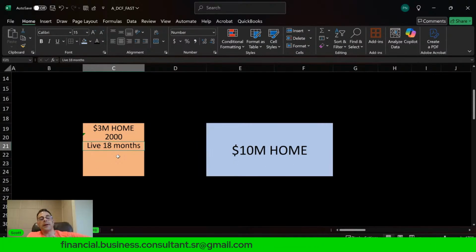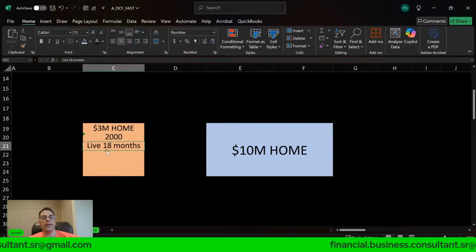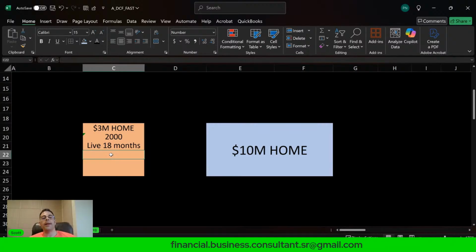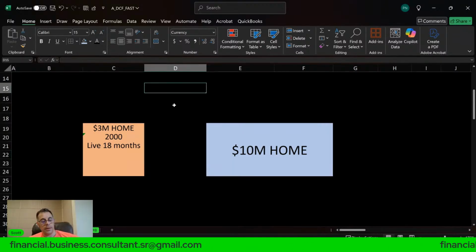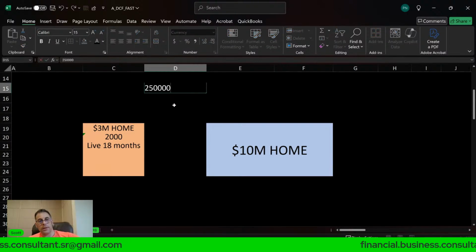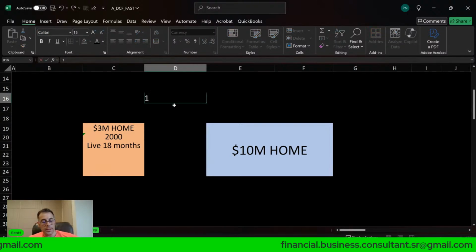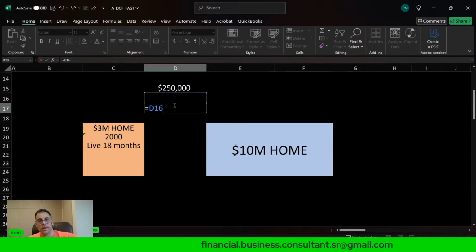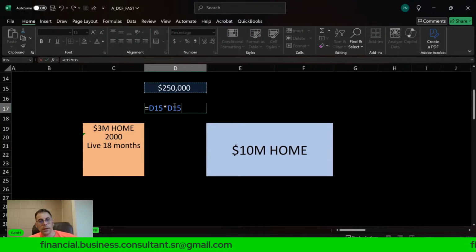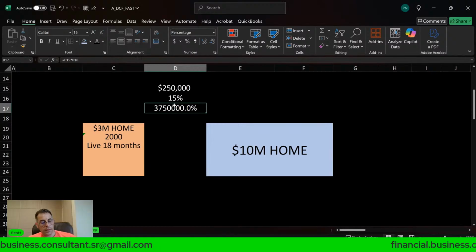And he says to her, all you have to do is wait another 6 months, because you lived here 18 months. You have to live here for at least 24 months, and then I get a big deduction and save 250,000, which is 37,500.